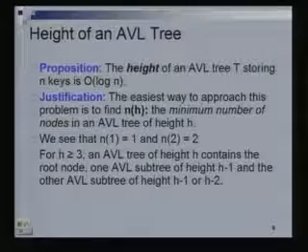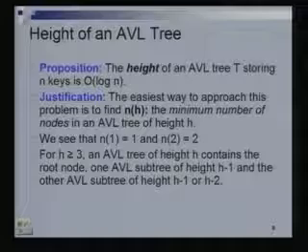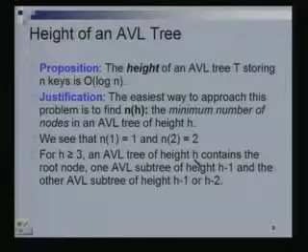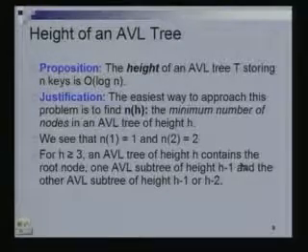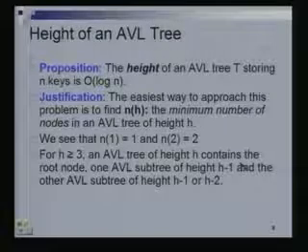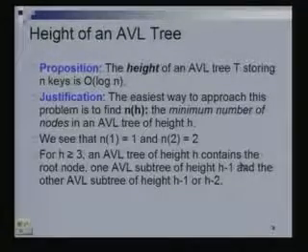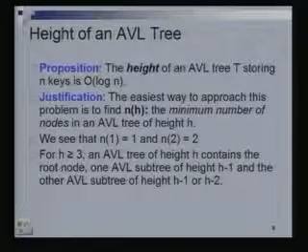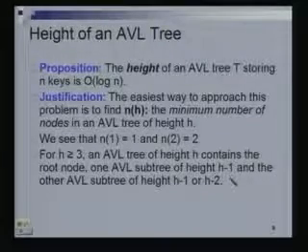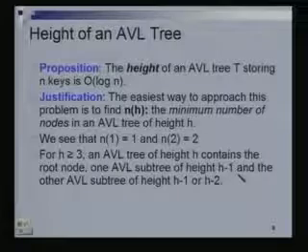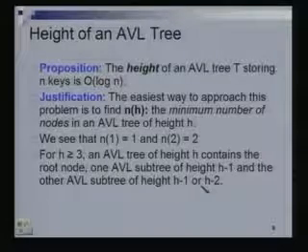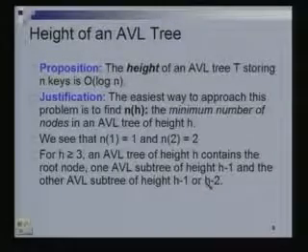Can someone tell me? H minus 1 is due to that. Well, it has height h, so its children can have height only h minus 1, not more than h minus 1. And they can have a difference of at most 1. So if one of them is h minus 1, the other one can only be h minus 2 or h minus 1.